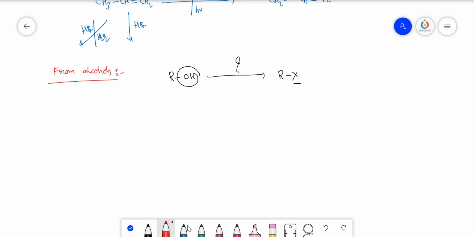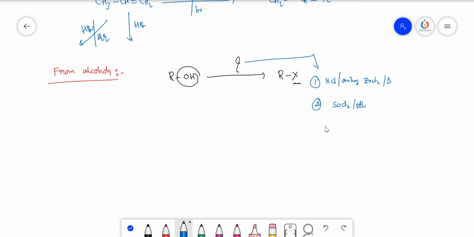So, what is this halogenating agent? These halogenating agents are of different categories. You can take concentrated HCl with anhydrous ZnCl2.